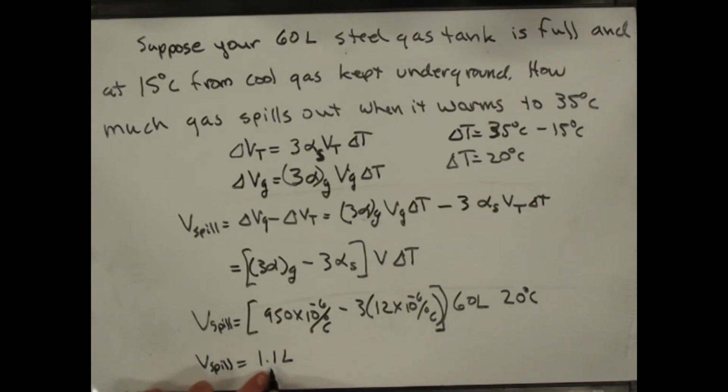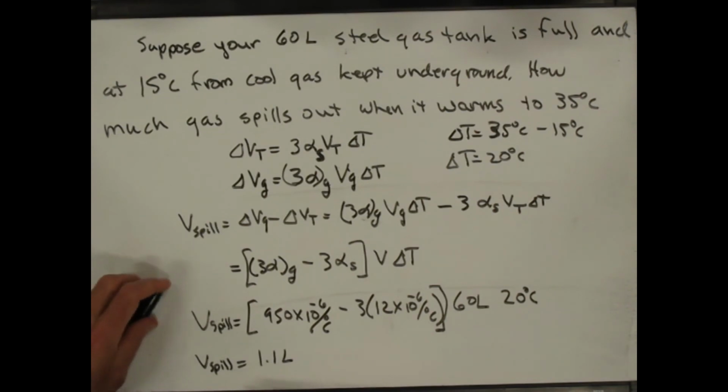So if you fill your tank up to the very top when it's cold, as it warms up, it's going to leak out gas. Unless you're driving fast enough to burn that off before it warms up.